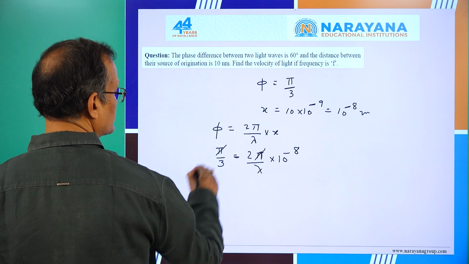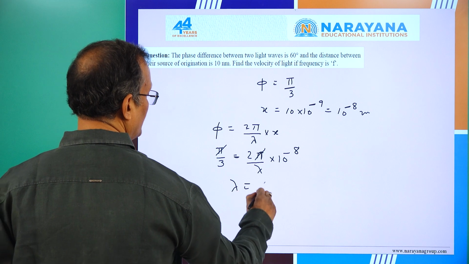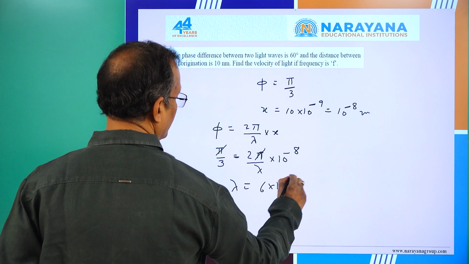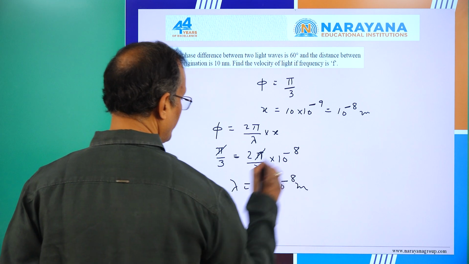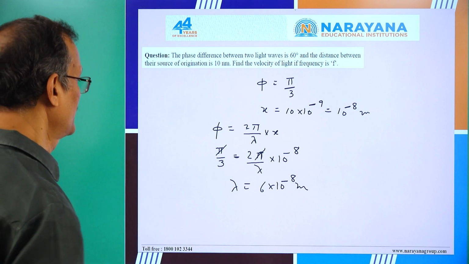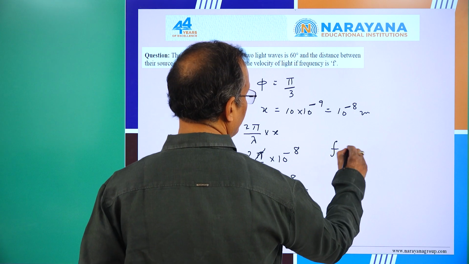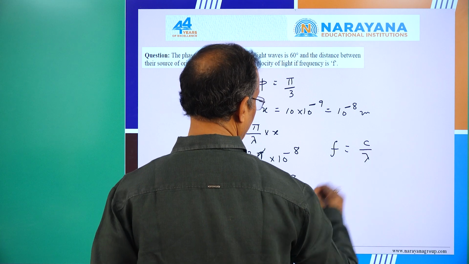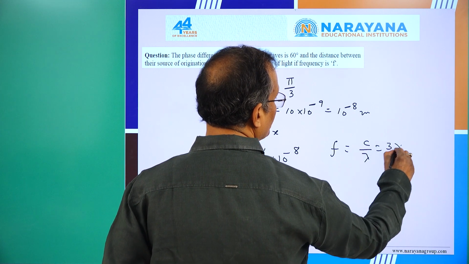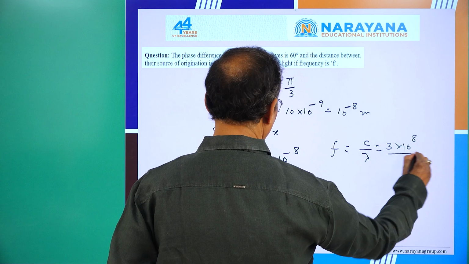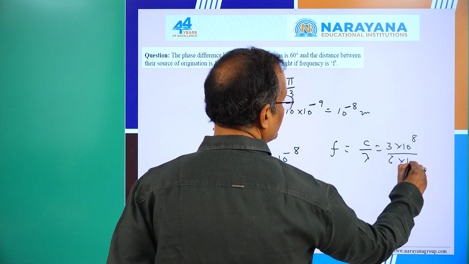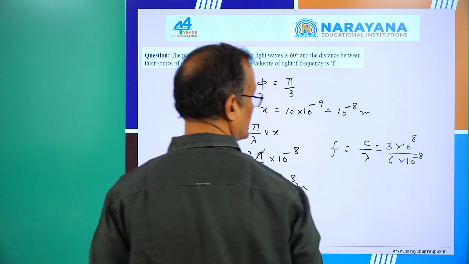Pi is cancelled. Lambda equals 6 into 10 to the power minus 8 meter. Now, you want frequency. Frequency will be equal to C by lambda, that is 3 into 10 to the power 8 by 6 into 10 to the power minus 8 hertz.